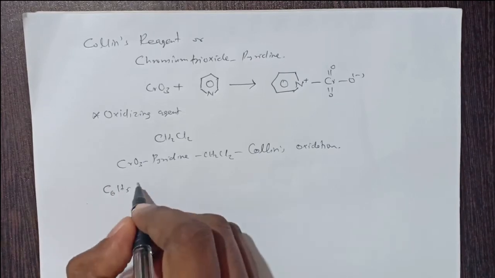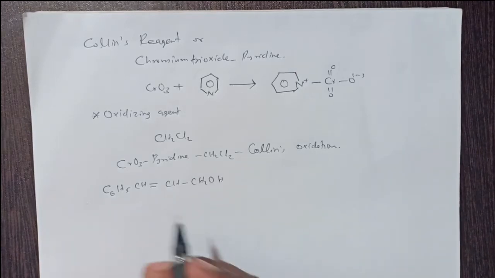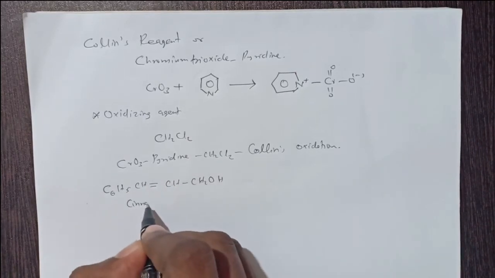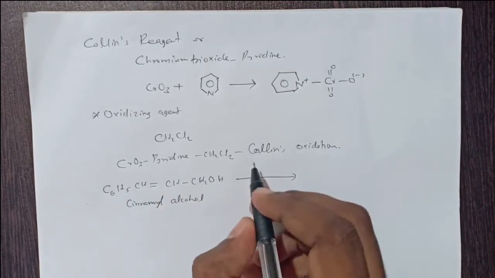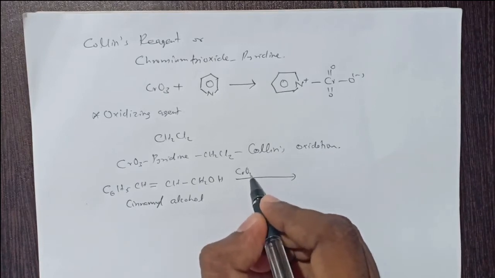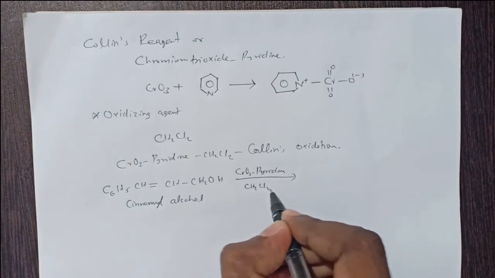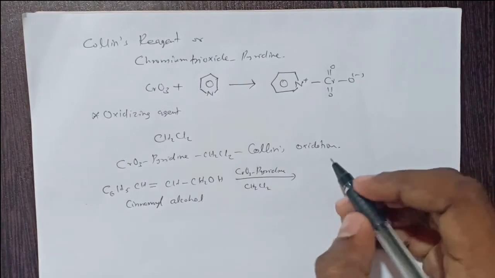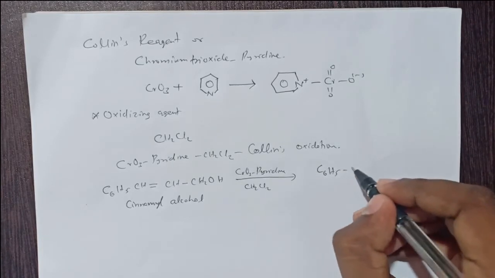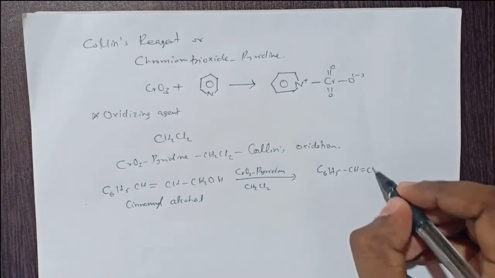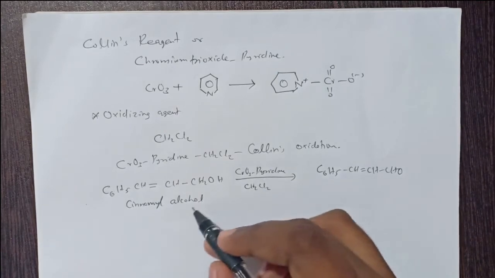This is the compound here. This is cinnamyl alcohol, which on reaction with this Collins reagent, that is CrO3 pyridine in presence of CH2Cl2, gives the product like this: C6H5 CH double bond CHCHO, that is the alcoholic group oxidizes to aldehyde group.